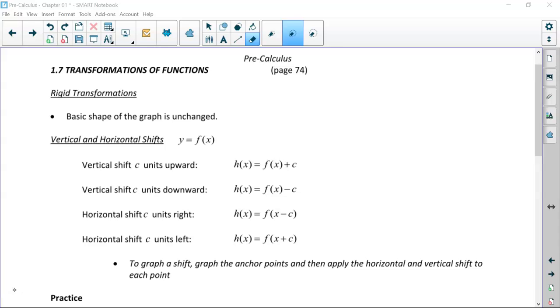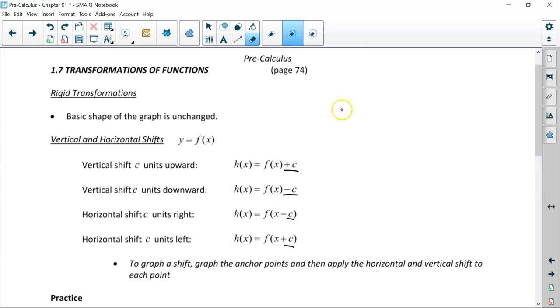So you can see when we're adding c after the function, or subtracting c, that's going to be a vertical shift when that constant is after the function, not in parentheses. That's our horizontal or vertical shifts, excuse me. Now, when it's inside the function, that's going to be our horizontal shift.